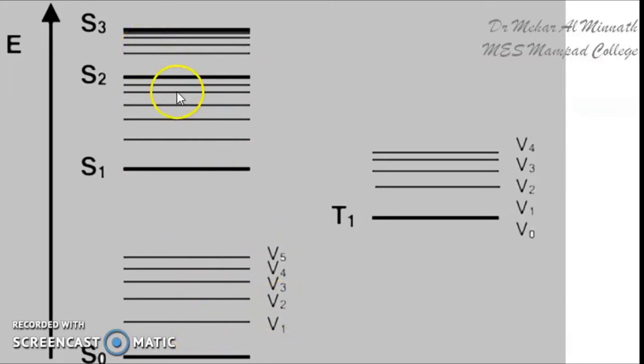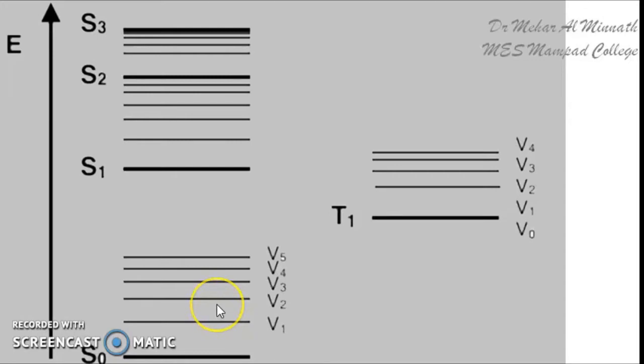Now within each electronic state there are multiple vibrational states or vibronic energy states. Now you can see here V1, V2, V3, V4, V5. In every electronic state there are such vibrational energy levels too.